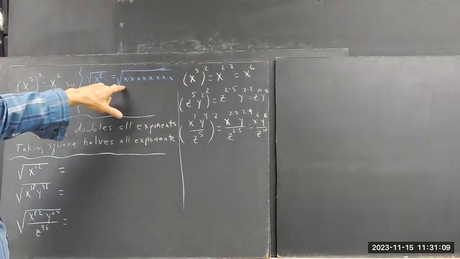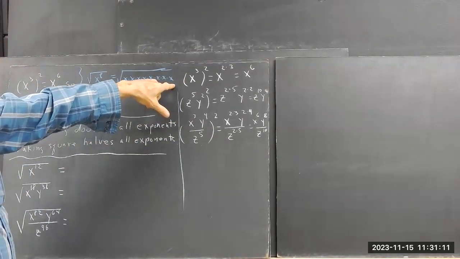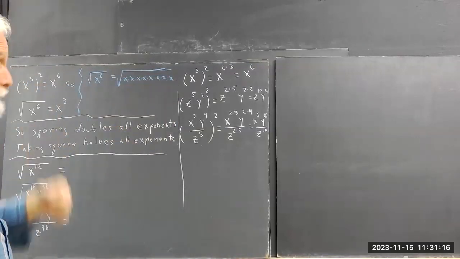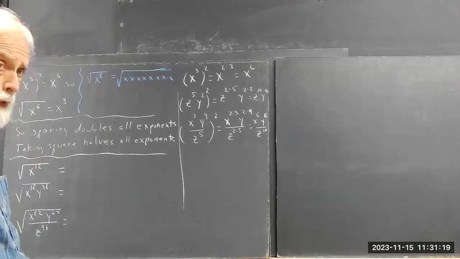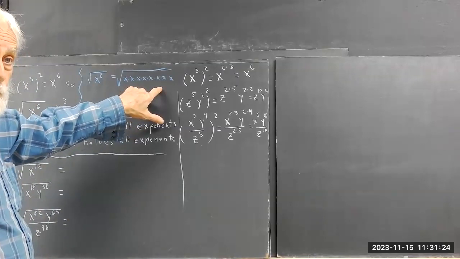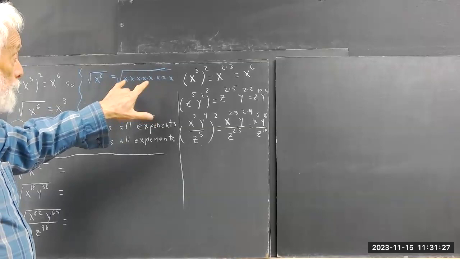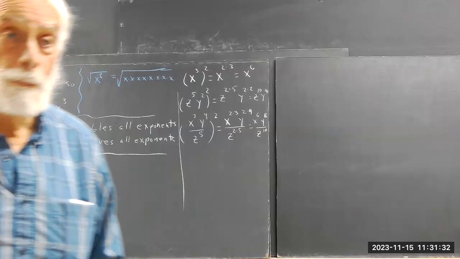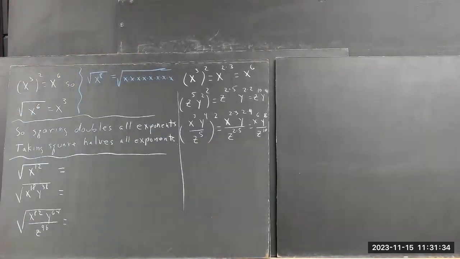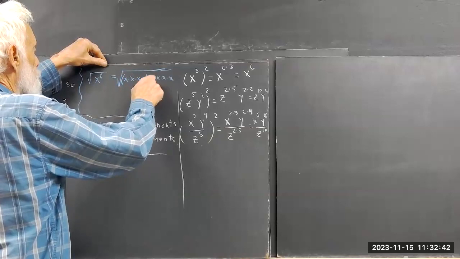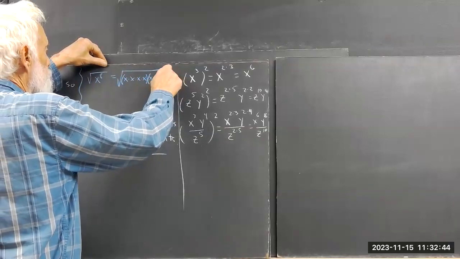And that's the square root of a string of 8 x's multiplied. Now, can I group these into 2 equal groups? I put 2 sets of parentheses on them, so each one has the same number of x's in it. So we can break this into a string of 4 x's and a string of 4 x's.